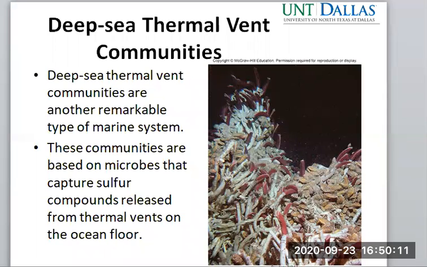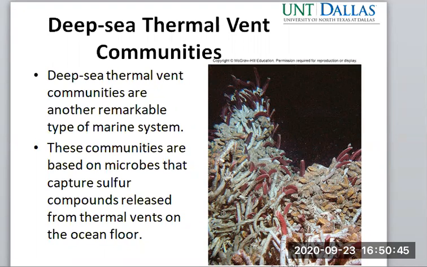Deep sea thermal vent communities are a remarkable type of marine ecosystem. These were completely unknown until 1977 when the deep sea submarine Alvin descended to the deep ocean floor. These communities are based on microbes that capture chemical energy mainly from sulfur compounds that are released from thermal vents, jets of hot water or minerals on the ocean floor.